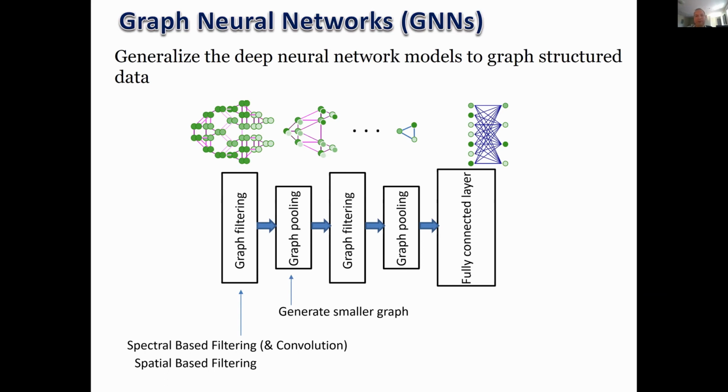For example, graph signal processing has generalized processes such as spectral filtering or convolutions to graph spaces. And for example, graph spectral filtering, one of the methods, relies on the idea that convolution in the spatial domain is actually multiplication in the spectral domain.